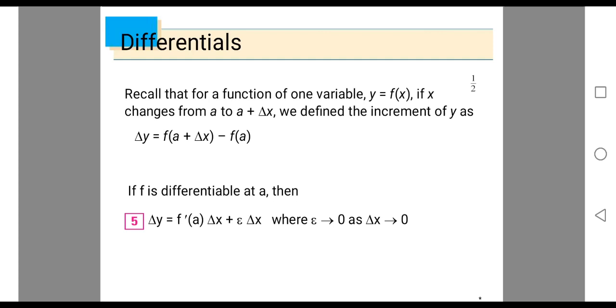This was the situation when we were trying to find our delta y for the one variable.